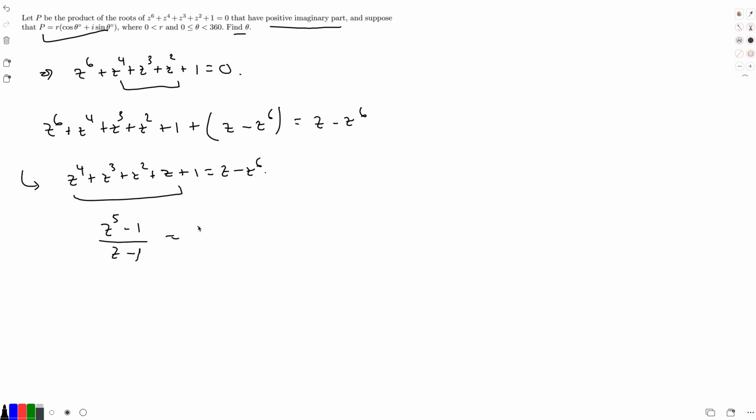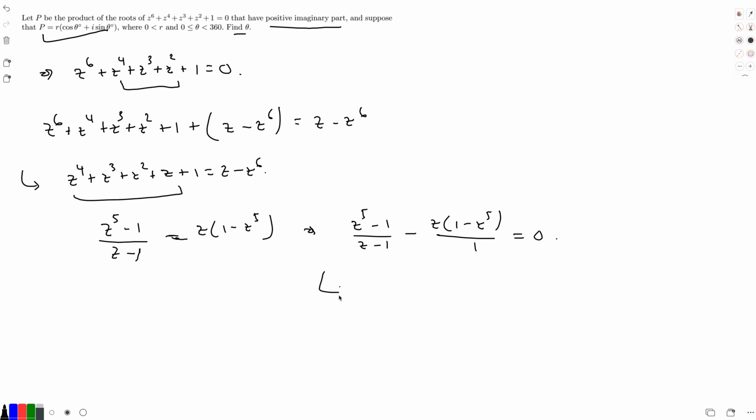The right side is z times 1 minus z to the 5th. Okay, let's just algebraically manipulate this. z to the 5th minus 1 over z minus 1 minus z times 1 minus z to the 5th over 1 is equal to 0.